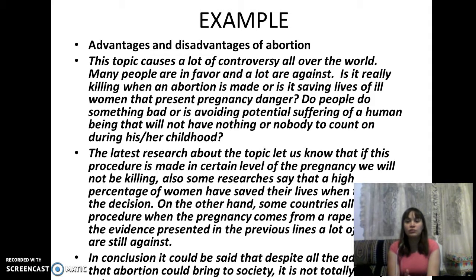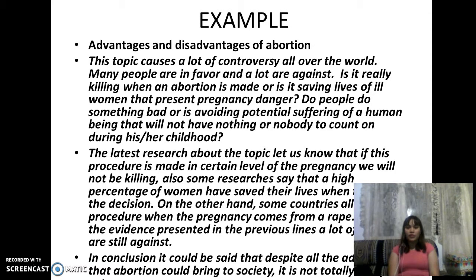Is it really killing when an abortion is made, or is it saving the lives of ill women that present pregnancy danger? Do people do something bad, or is it avoiding potential suffering of a human being that will have nobody to count on during his or her childhood?